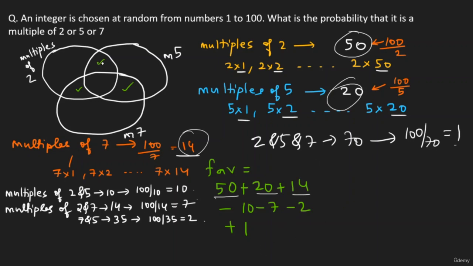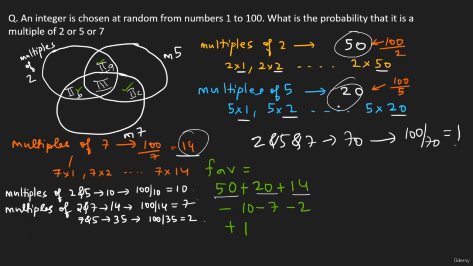Let me mark these 1, 2, 3, 4 areas so that we can understand this better. Let this area over here be 2A. Let this one be 2B. Let this one be 2C, and let this area over here be 3.